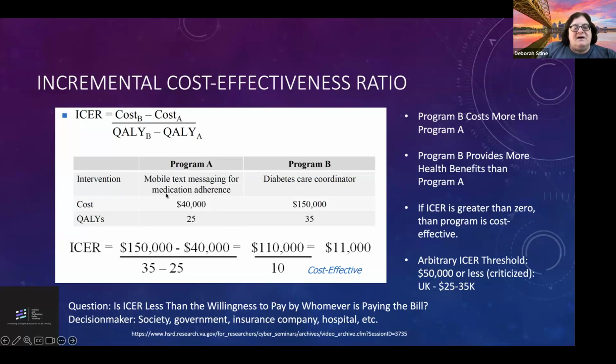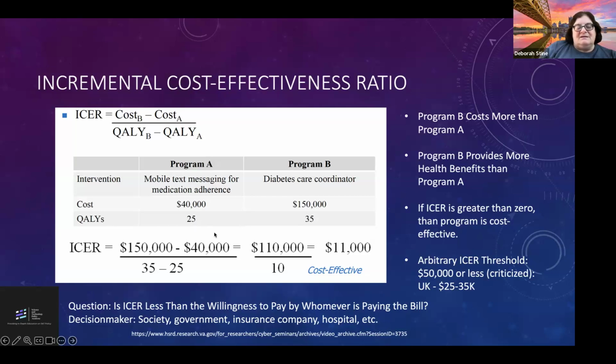The cost of the text messaging was $40,000, and the cost of the diabetes care coordinator was $150,000. And then you have these quality adjusted life years. What this is basically saying is that when it comes to the human factor, having a diabetes care coordinator was better than having mobile text messaging.